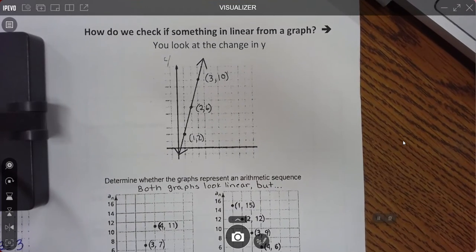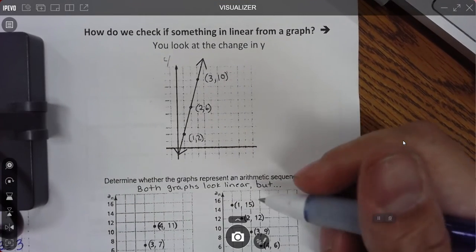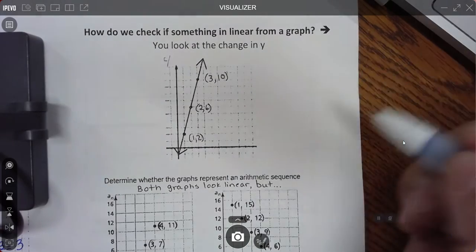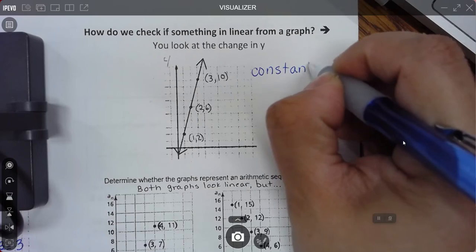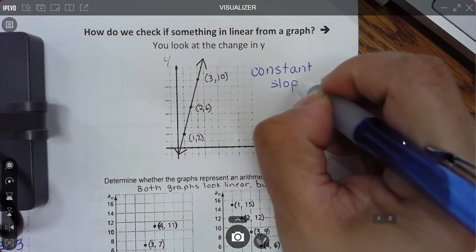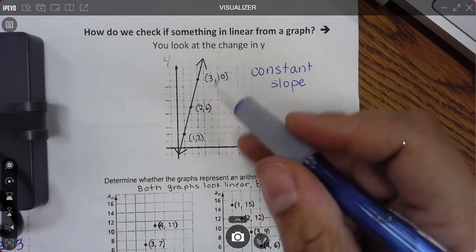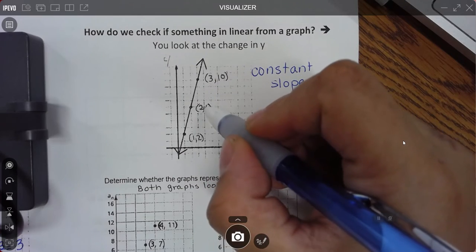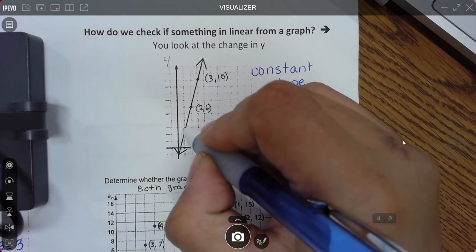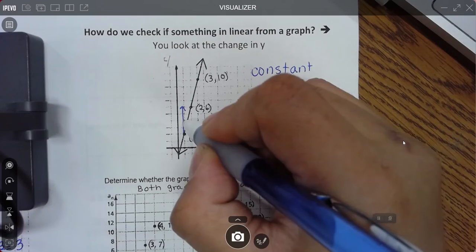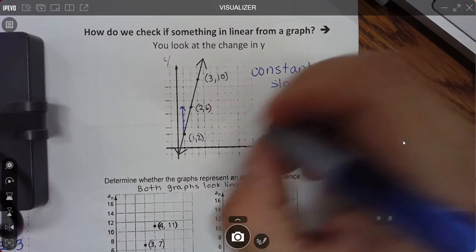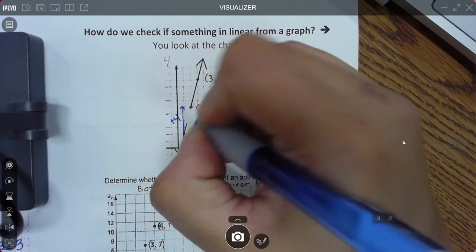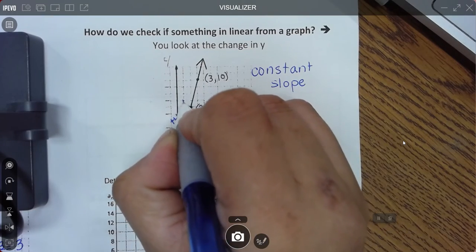All right, how do we check if something is a line? We check to see if it has a constant slope. From this point to the second point, what's the rise? Let's try counting again. 4. And what's the run? 1.